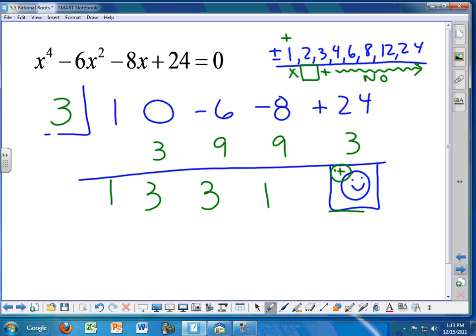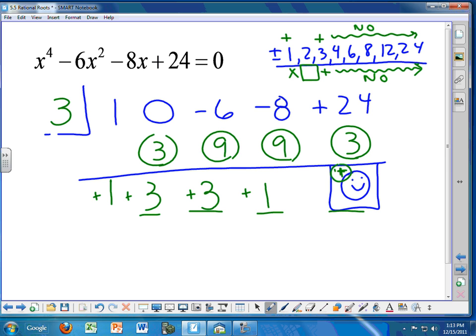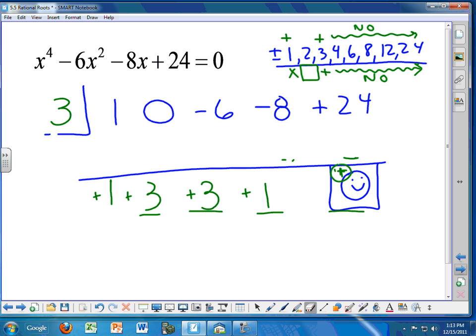Notice again, plus, plus, plus, plus, and plus. So we see that doesn't work, produces a plus, and that also means that none of these positive values greater than 3 will work because they will just basically explode. As we work through larger numbers, we're going to see that these numbers here continue to get larger and larger and larger.